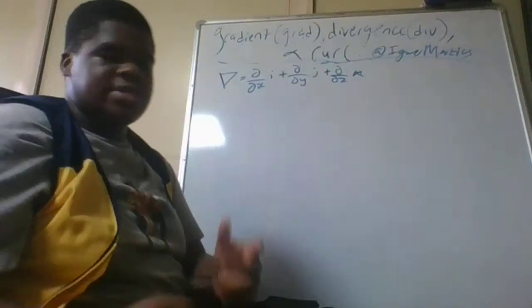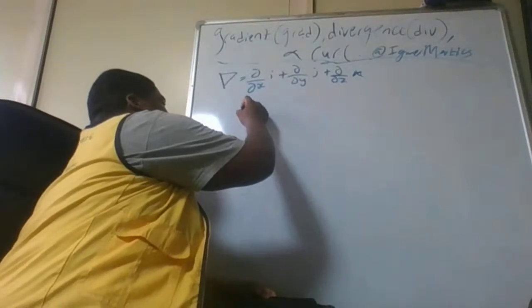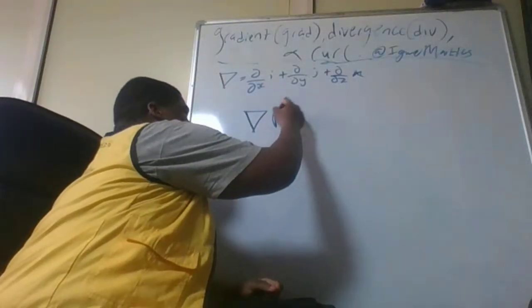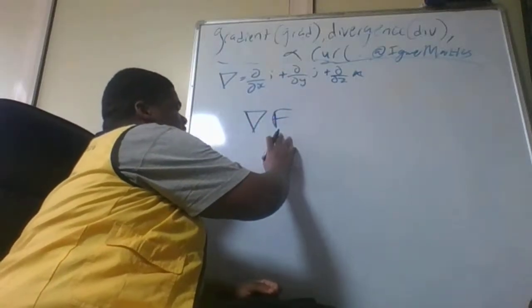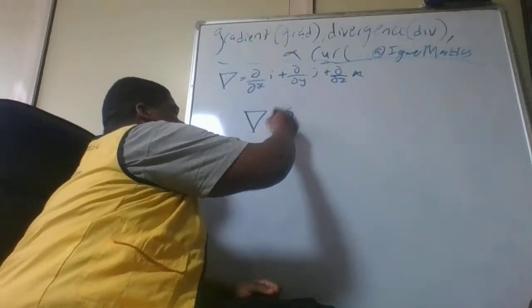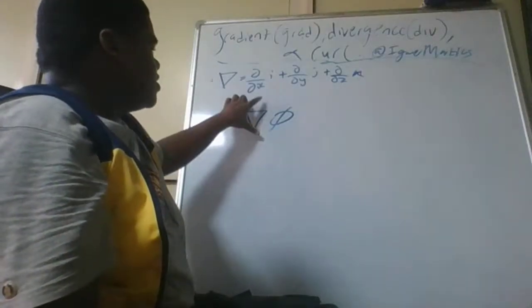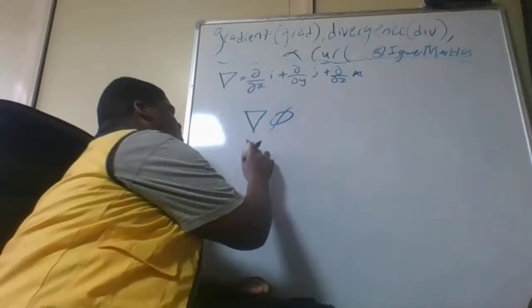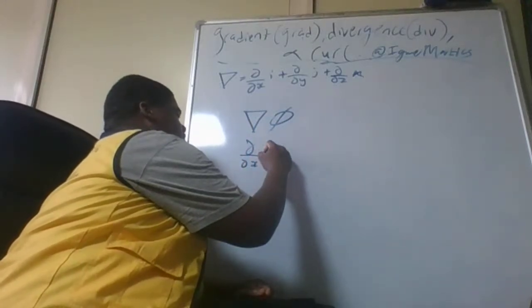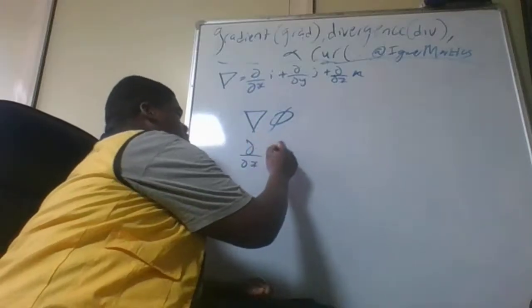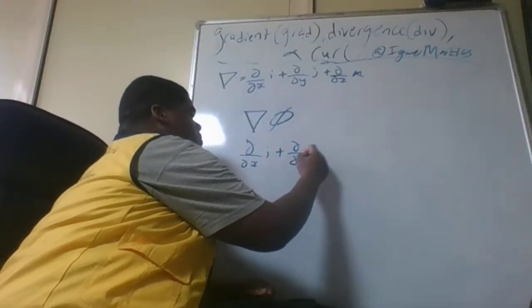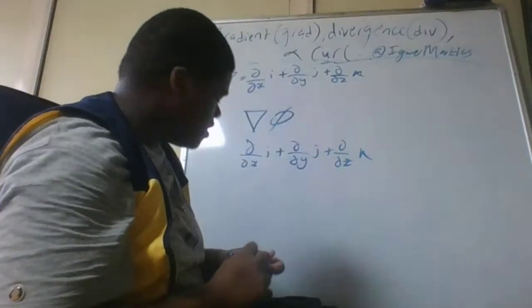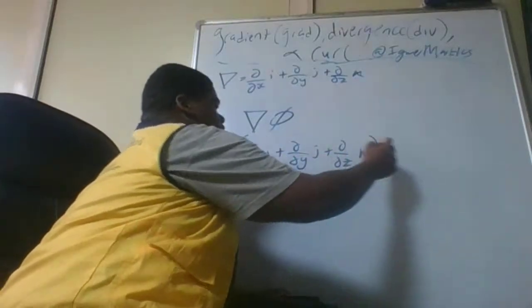But mathematically, how do you get it? Well, you get it by multiplying that scalar field with the nabla or del operator. So you have del of f, or let's use del of phi. What does this represent mathematically? Well, you have nabla, we can use nabla: the partial derivative with respect to x i plus partial y j plus partial z k, multiplied by your scalar field.